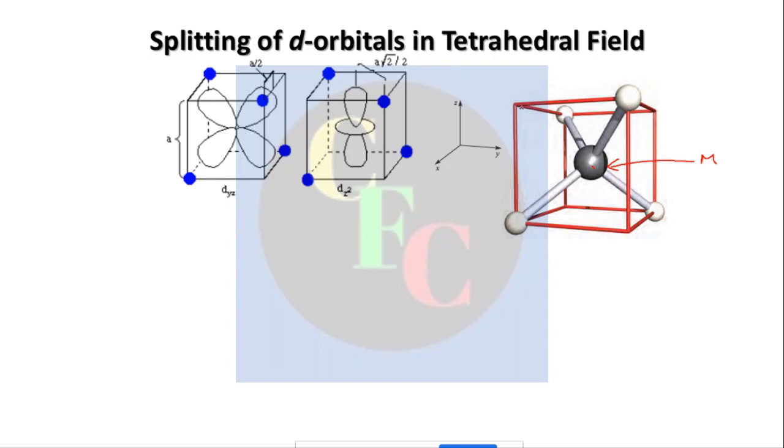Alternating means there are 8 corners of a cube, right? You put one here, you leave the neighboring corner, you put one in the next corner. Similarly, you do not put anything here, you put here, right? If you do this, what is formed is called a tetrahedron.